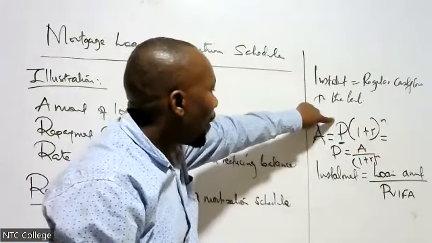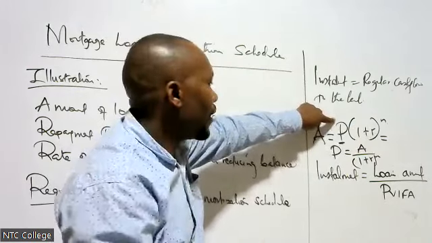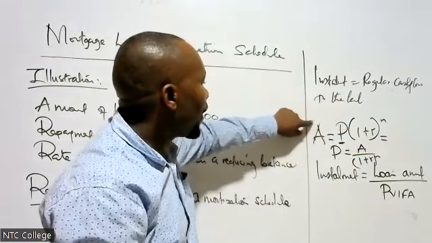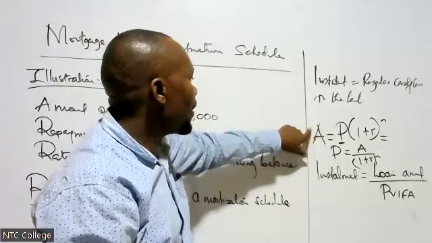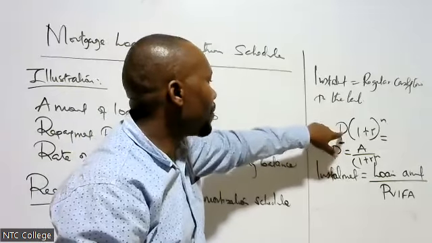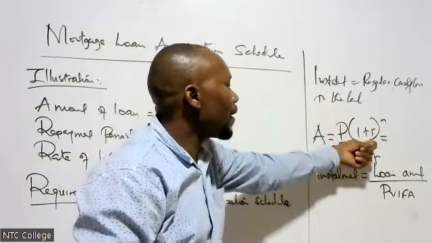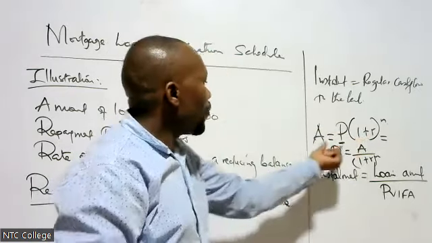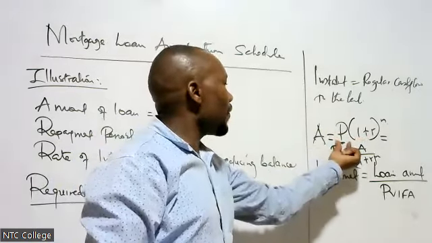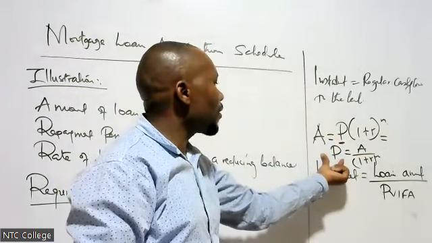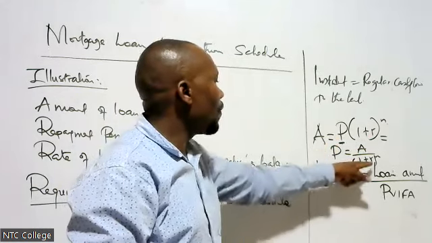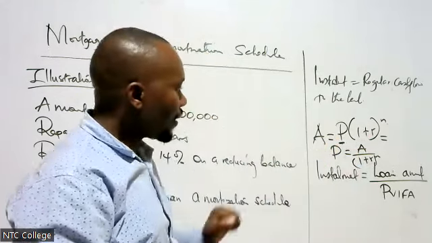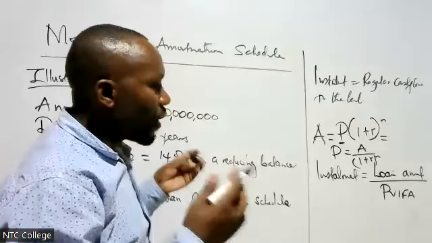If you are investing an amount that is regular, then to know what you're going to get, you can always use this formula. So the total amount, which is A, is equal to the amount that you're investing every month times the discounting factor. So if you want to know how much you're investing every month, you start with P. Make P the subject of the formula. So P is equal to A all over this. Now, in this case, the intention is to pay the loan amount.